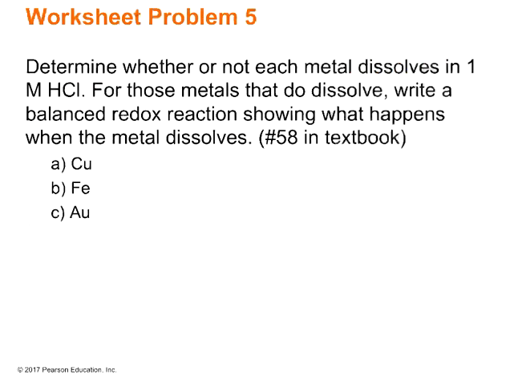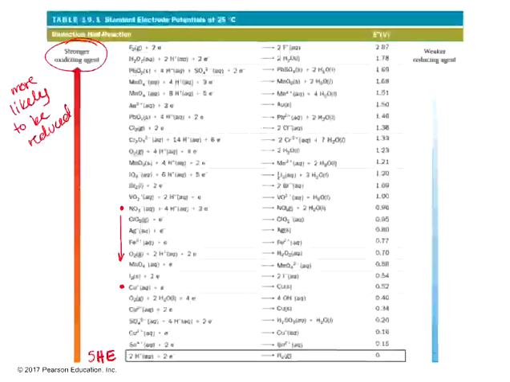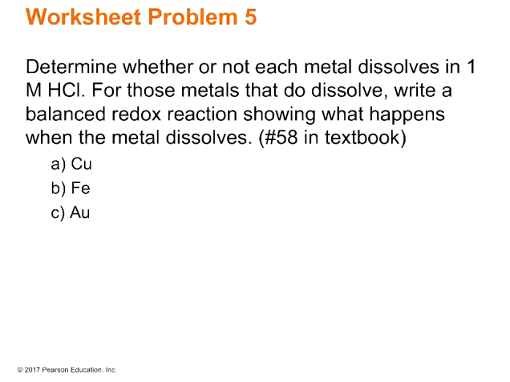If we go back to our table, copper is listed above the standard hydrogen electrode, so it does not dissolve in hydrochloric acid. And I'm just going to write a note here that the reason it does not dissolve is because copper would rather be reduced than oxidized.